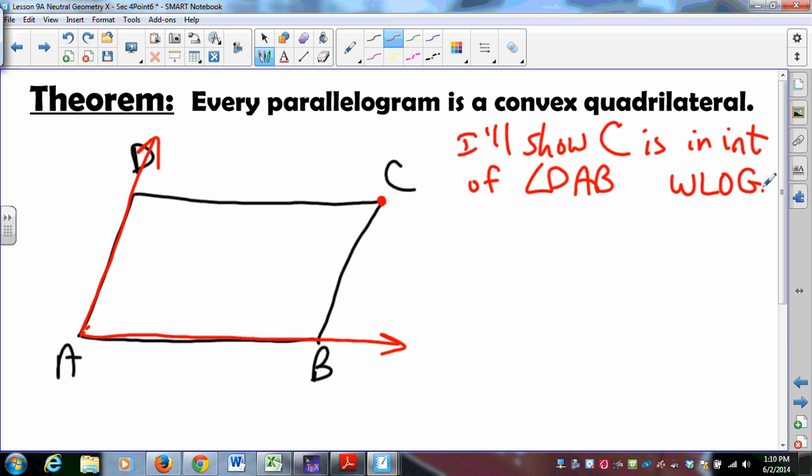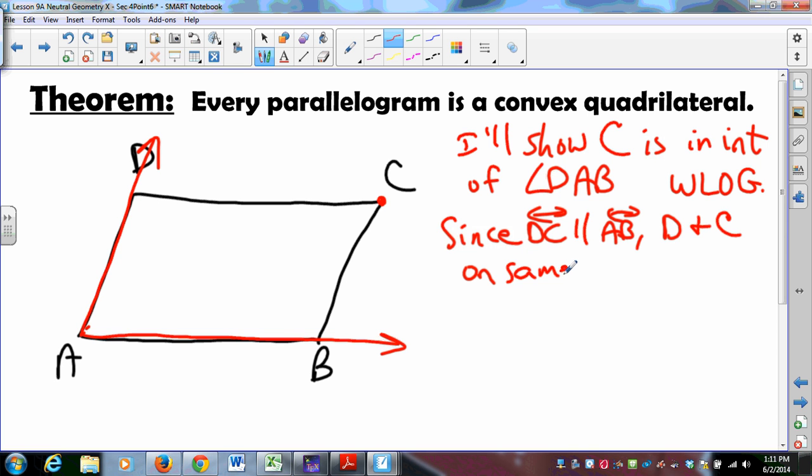So I'm going to argue, since DC is parallel to AB, that's the definition of parallelogram, then D and C are on the same side of AB. Now that's important because the interior of angle DAB is on one particular side of AB.